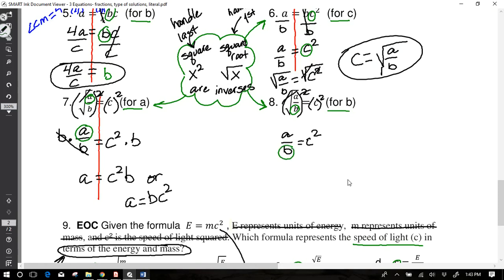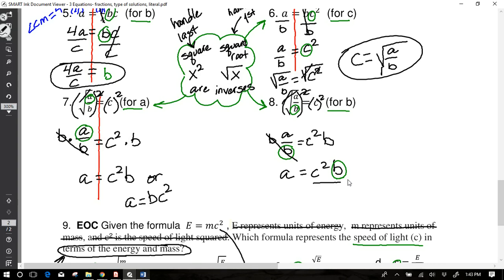Now I am solving for the b. But again, because that b is in the denominator, I need to multiply both sides by b. Again, that's how I get rid of my fractions. So multiply both sides by b, and now I have a equals c squared b. B is still what I'm trying to solve for. So c squared times b, how would I get the b by itself?